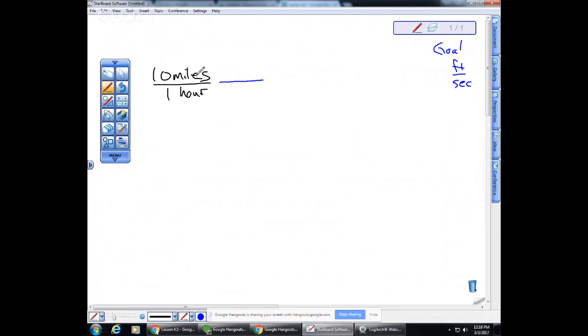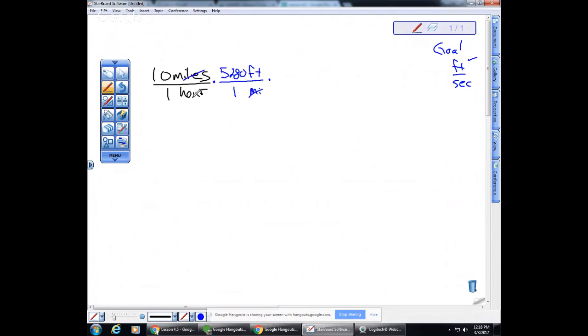So converting miles, I have to multiply by a fraction with miles in the bottom. And I know that there's 5,280 feet in a mile. So this fraction here tells me that to do this conversion, I'm going to have to eventually multiply by 5,280. So that's going to get rid of miles and leave feet. So I'm partway toward my goal.